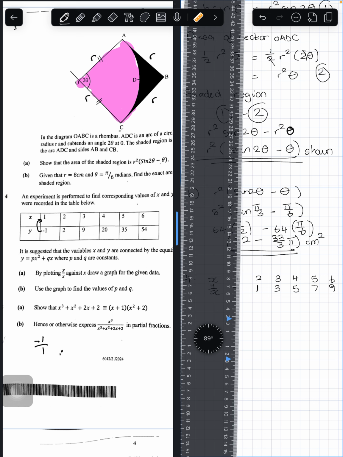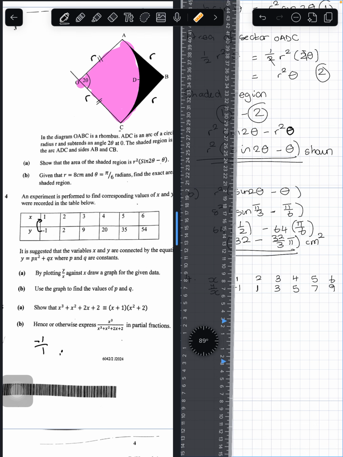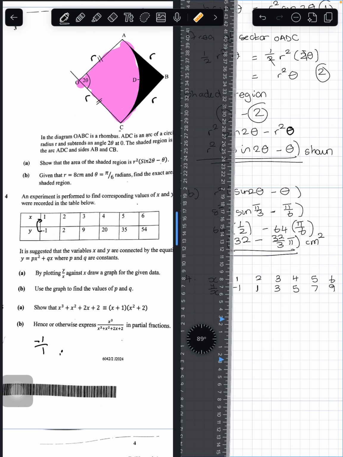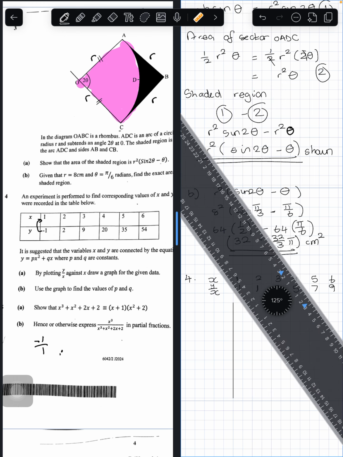Make sure that you use a scale. I would use a scale of 1:1, so that I don't face any challenges. A scale of 1:1 will be perfect in this case.